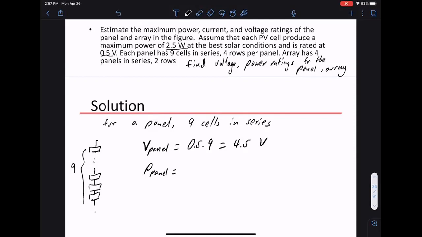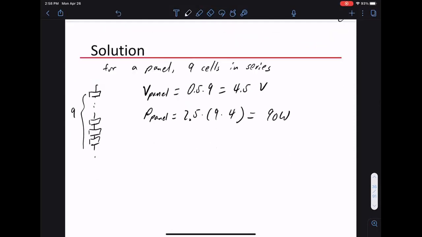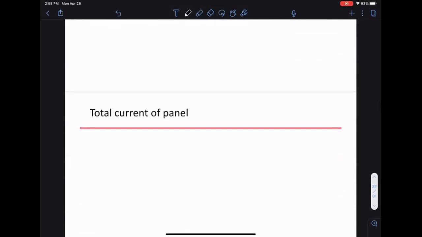Then the power of the panel just depends on how many cells you have. This is 2.5 times, you have 9 in series and 4 in parallel, so 2.5 times 36, the whole thing is 90 watts. Then total current is pretty easy to compute.